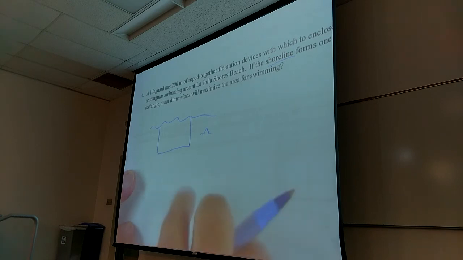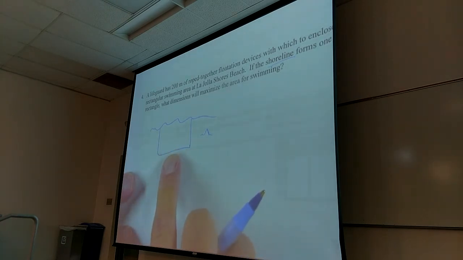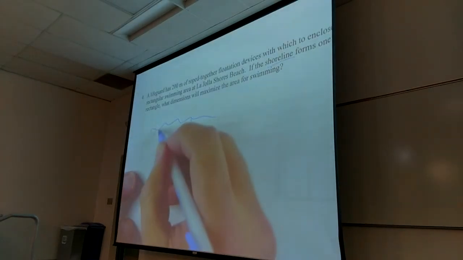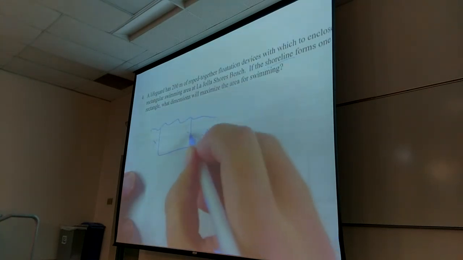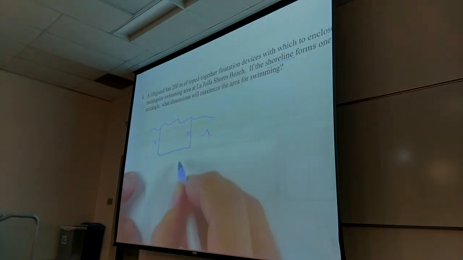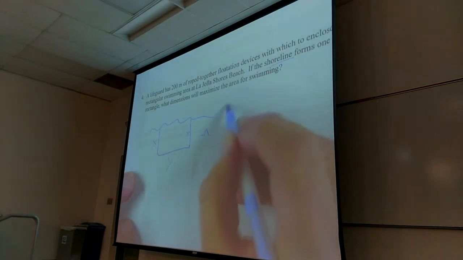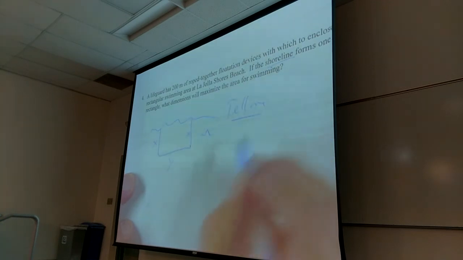Now this one, they didn't even give you a picture, so you had to make your own, so I helped you out a little bit. What are you going to call this side here? Okay, you can call it x, which means this is x, which means this is y. So they tell me something, and then they ask me something.